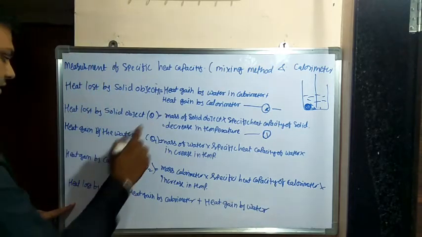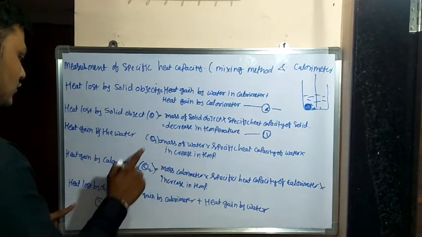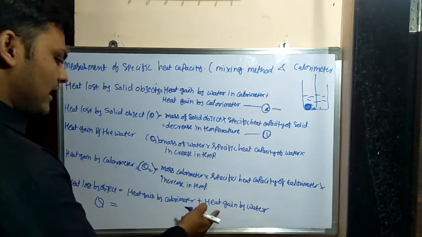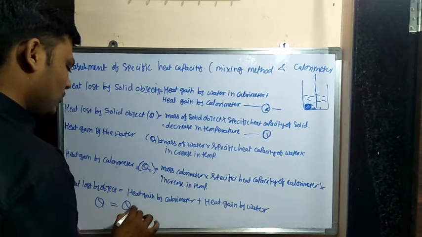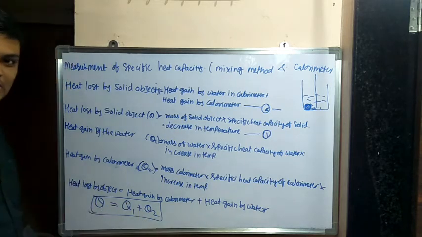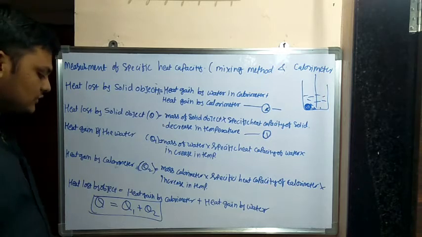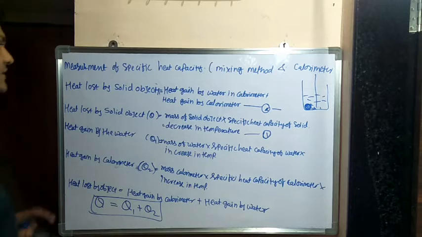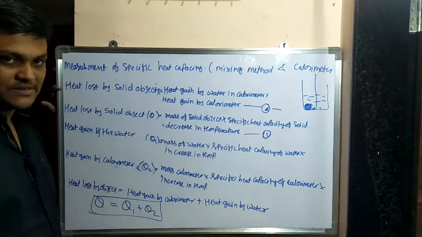Heat lost by the object is taken as Q. So Q is equal to heat gained by the calorimeter, that is Q2, and water is Q1. So we can write it as Q1 plus Q2. It doesn't matter if you change the place, because in addition and multiplication, changing the place doesn't matter. So this equation is nothing but the equation for the measurement of specific heat capacity.